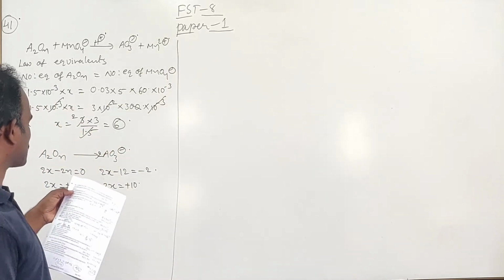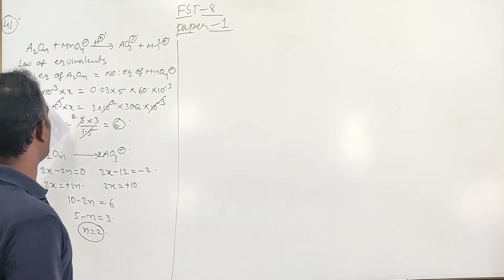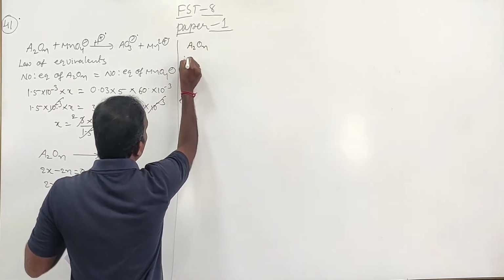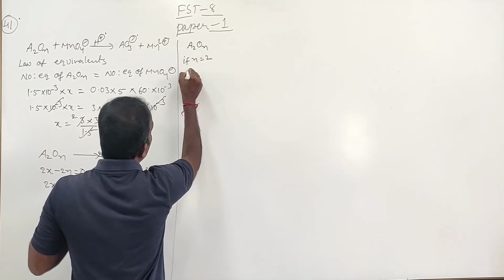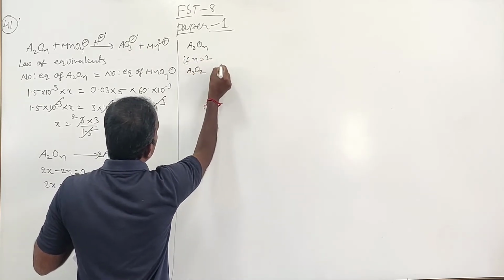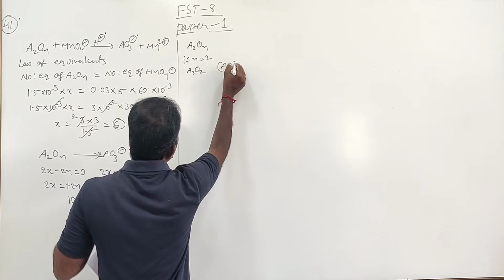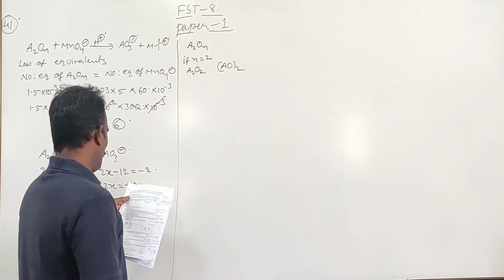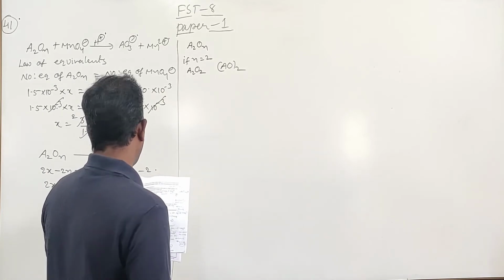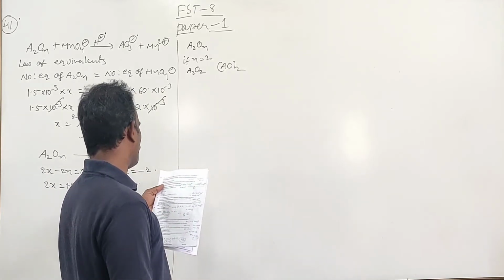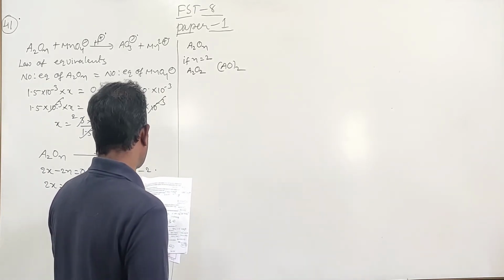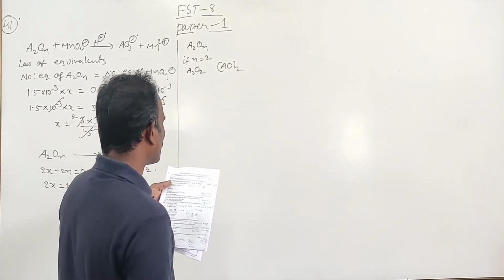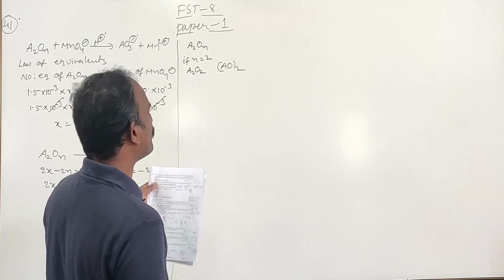Empirical formula of the oxide. Actually its formula is A2ON. If n is equal to 2, therefore A2O2, which is nothing but AO taken twice. Next, 0.15 moles of A2ON will require 0.15 moles of K2Cr2O7 in acidic medium for complete oxidation to AO3 minus.